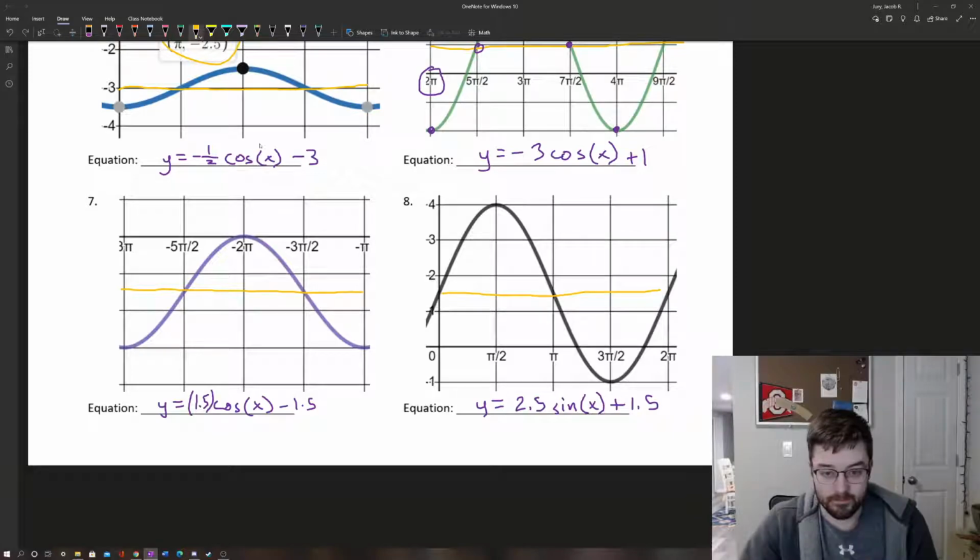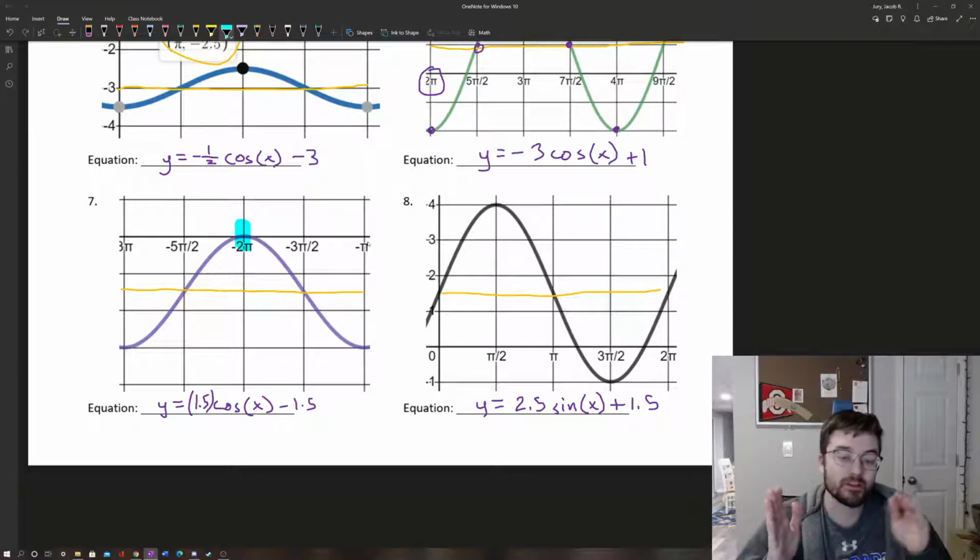So this point right here is actually, I guess, where the first negative period ends if we go from right to left.